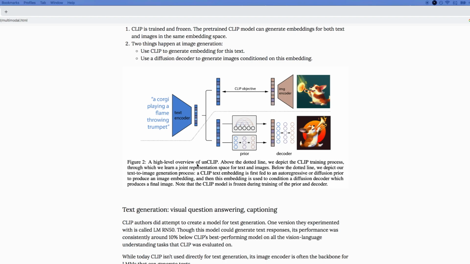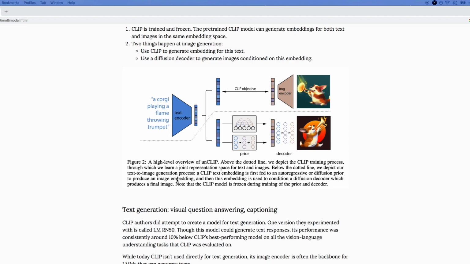A high-level overview of unCLIP. Above the dotted line, we depict the CLIP training process, in which we learn a joint representation space for text and image. Below the dotted line, we depict our text-to-image generation. So above the dotted line is a ranking model, I'm assuming, to generate text-to-image similarity.